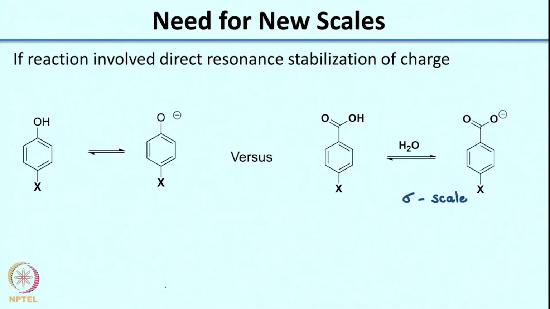Now, suppose I am comparing a reaction, this is also a deprotonation reaction. In this case, we are looking at deprotonation of a phenol to phenoxide. Now, in this case, what is happening? If I have a substituent, say I have O minus, now in this case the negative charge is directly in resonance with the ring.